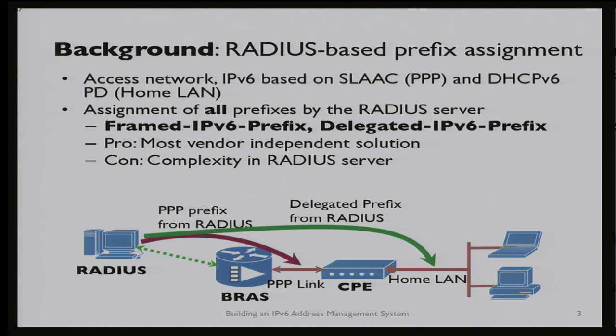This means that the configuration of the aggregator is rather simple, no local pools, which is basically a vendor-dependent solution. But obviously, this means that your RADIUS must be a little bit smarter, especially in the case where you have multiple LNSs, but not too much smarter.